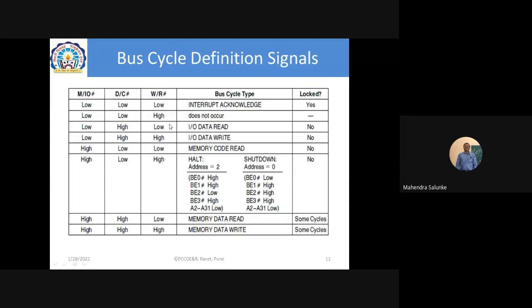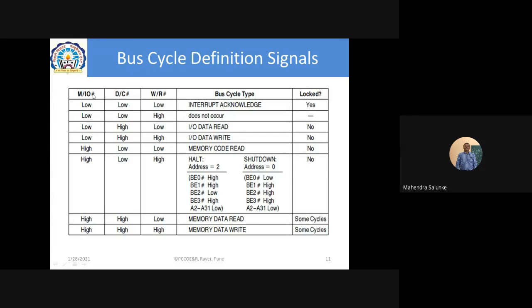Then next is whenever your processor wants to perform an IO data read. IO data read means the IN instruction. When your processor is executing an IN instruction, that is a read operation, and IN indicates that it is an IO read operation. So to perform an IO data read operation, M/IO bar should be low.